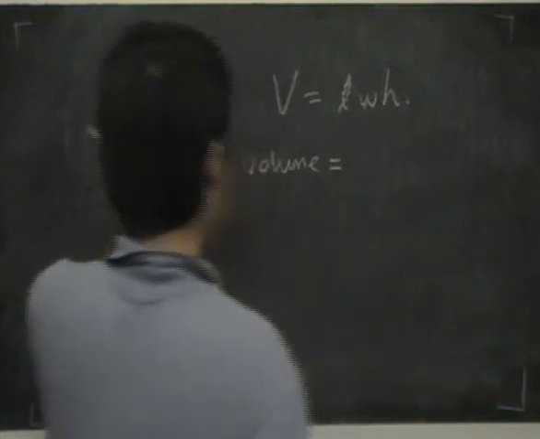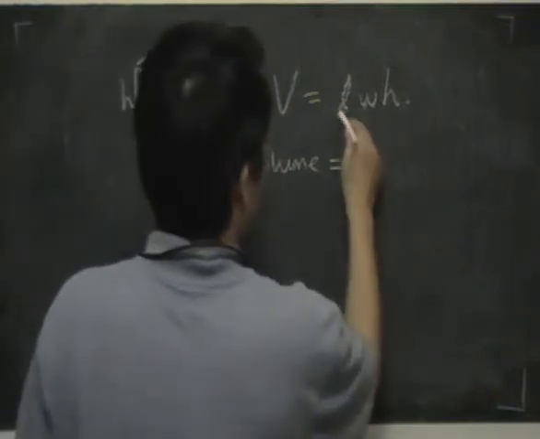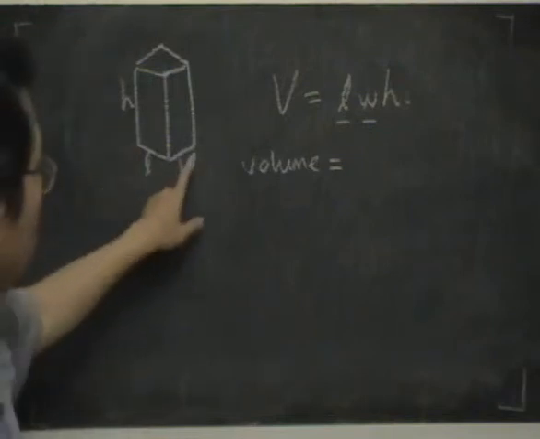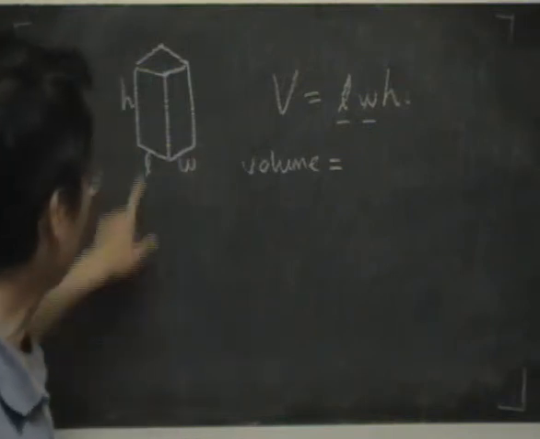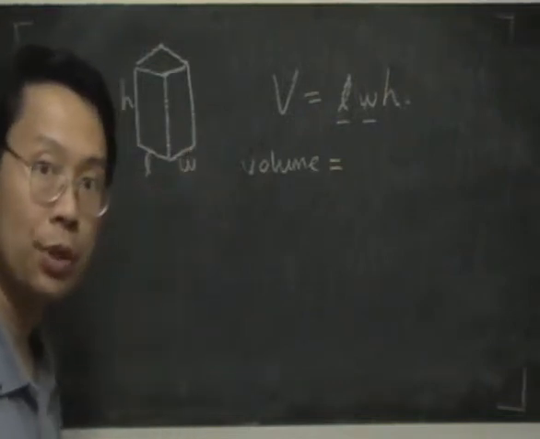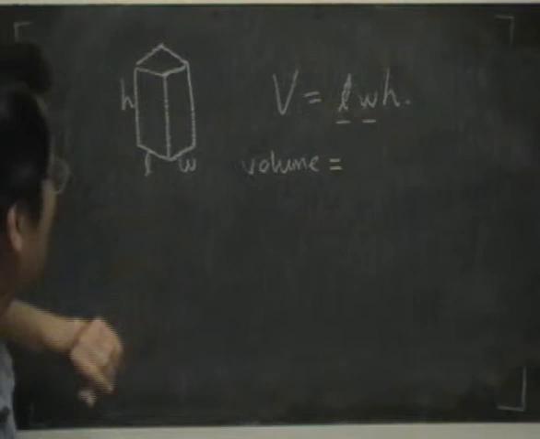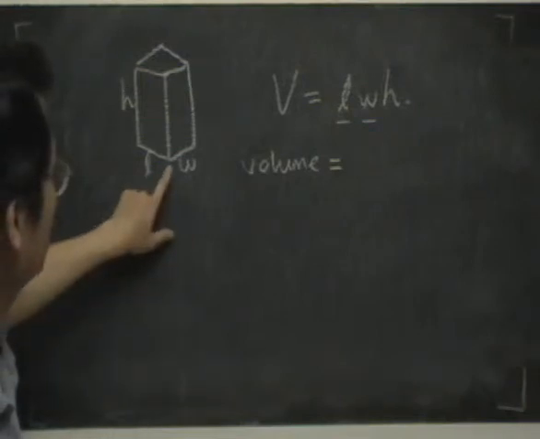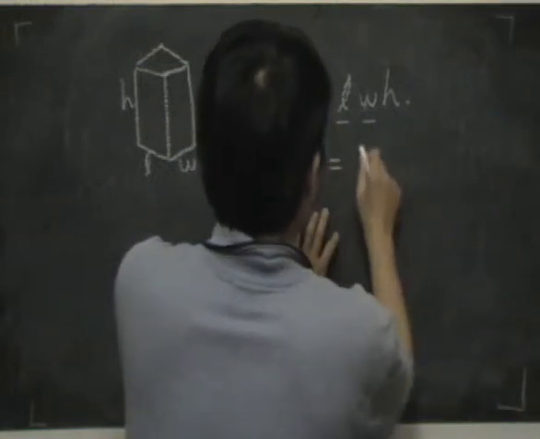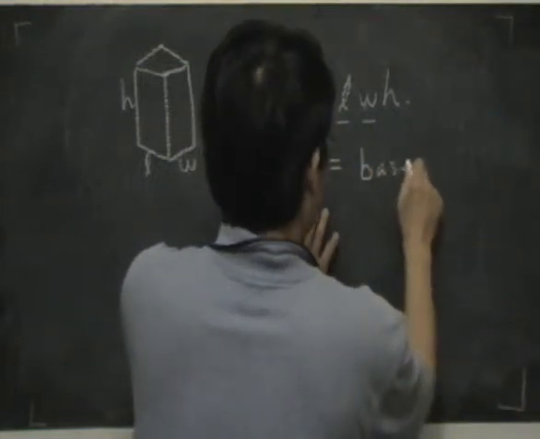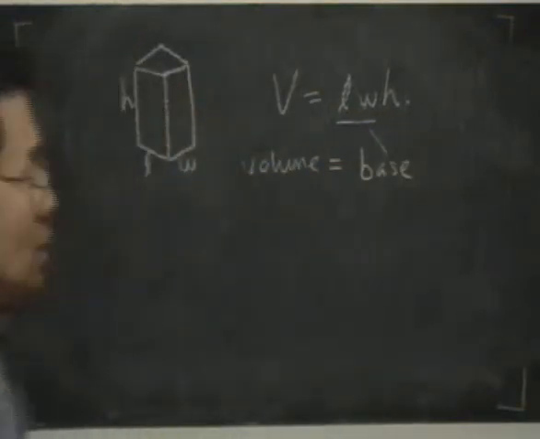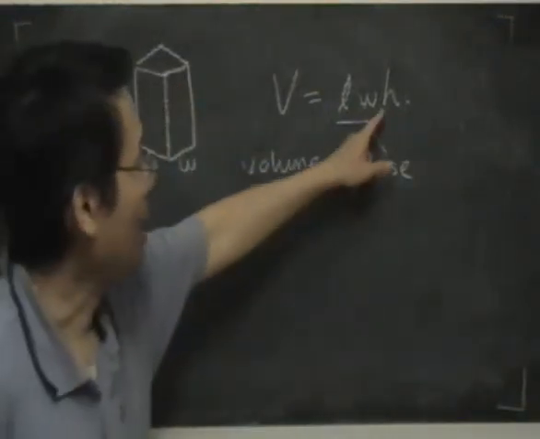Now the first part of this volume, length times the width, is really the same as the area of the base, the bottom area of this cuboid. So I can call that the base. Length times width is the base, then times the height.